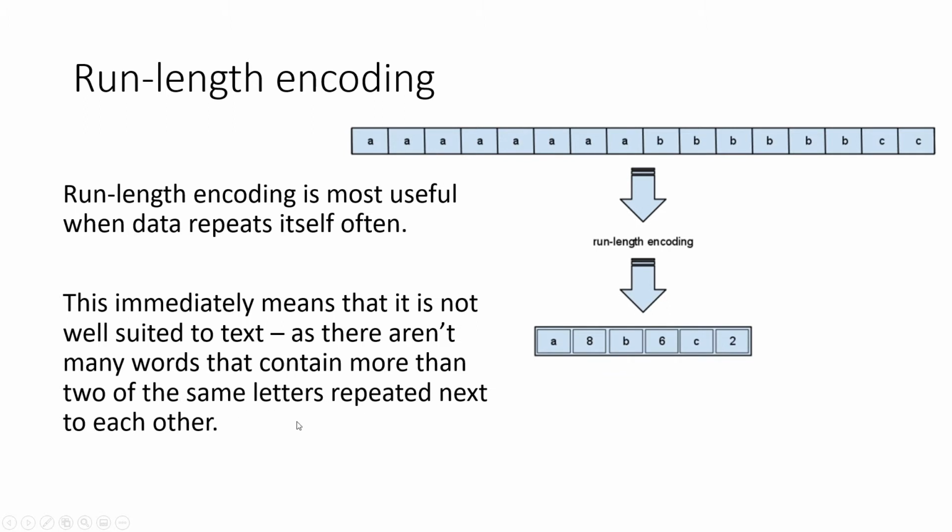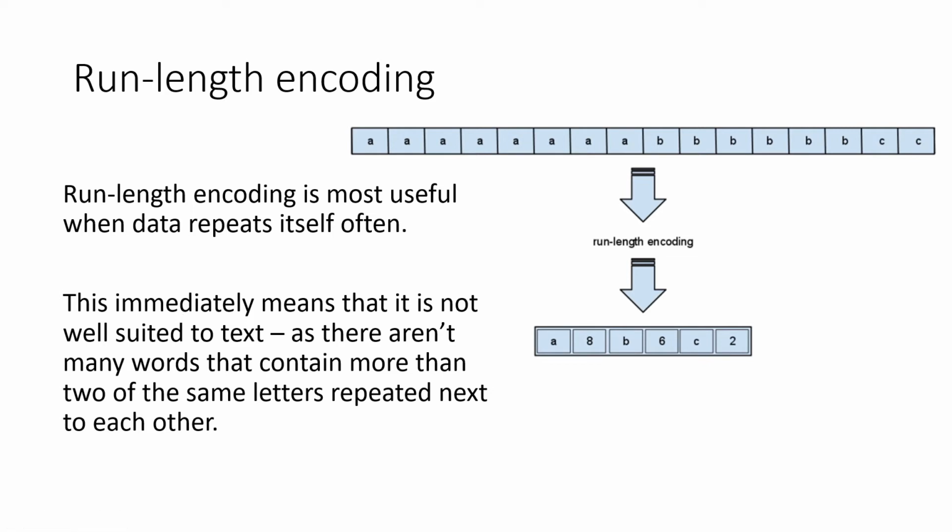Double T. I quickly went through that, but I didn't see much, so that's not really good. You would have to say there's 1 R followed by 1 U followed by 1 N followed by 1 hyphen followed by 1 L and so on, until eventually 1 I followed by 2 M's. You're not going to save much space doing it that way, so it's not very good normally for text.